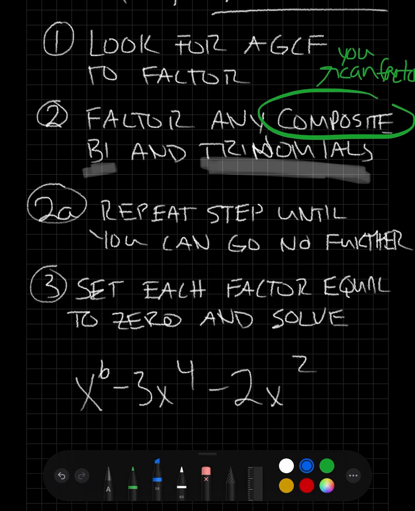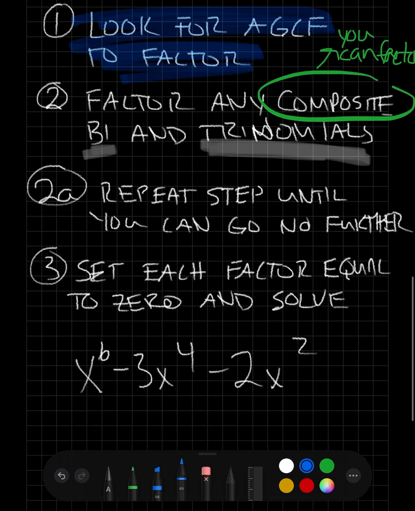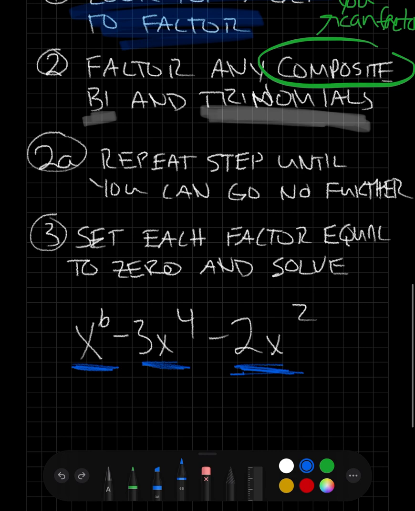And so the first thing I'm going to do is my step 1. I'm looking for a GCF to factor. And I see here that I have an x to the 6th, an x to the 4th, and an x squared. Because x squared is my smallest degree on each of these terms, I know that I have an x squared in common.